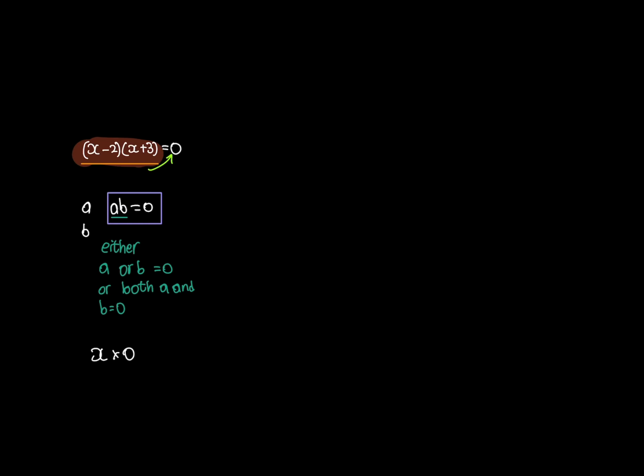Well, we can say that either x minus 2 equals 0 or x plus 3 equals 0. Or both, but that's kind of impossible, right? So either x minus 2 equals 0 or x plus 3 equals 0.